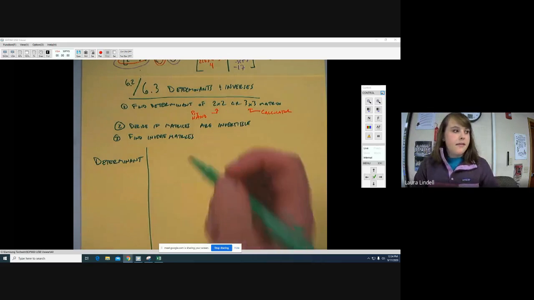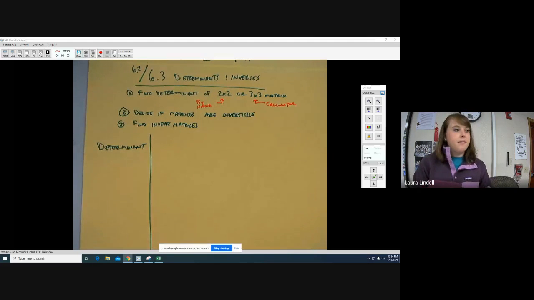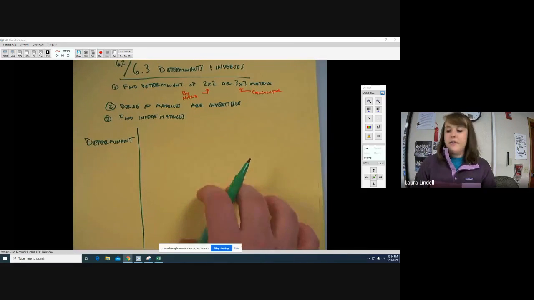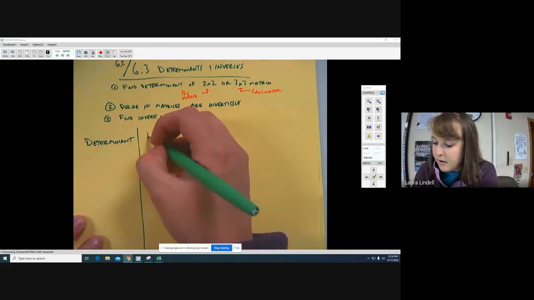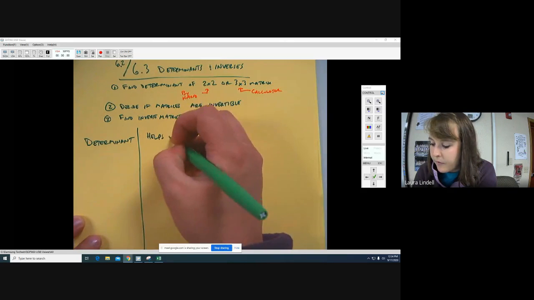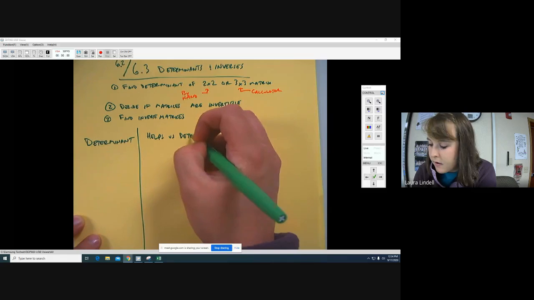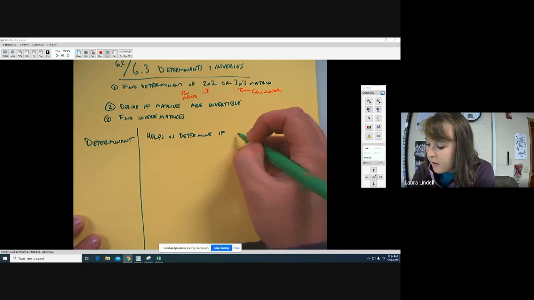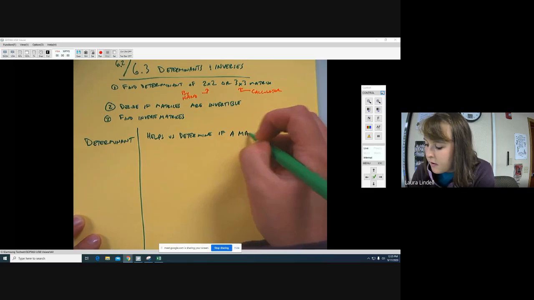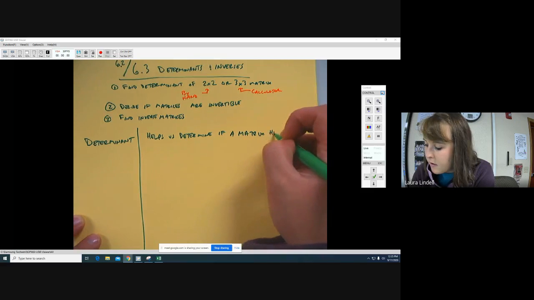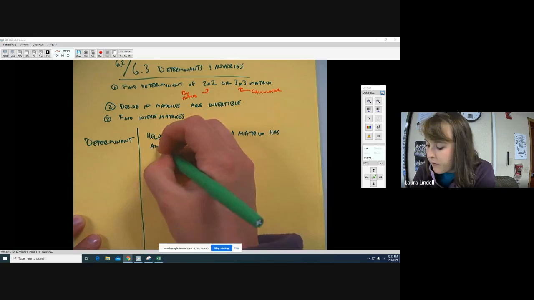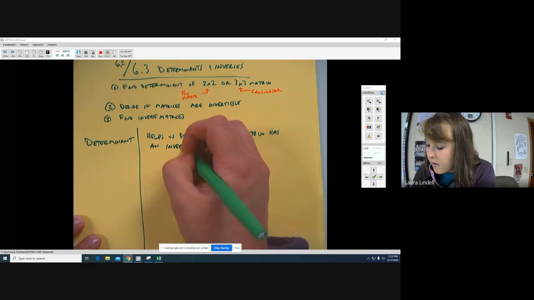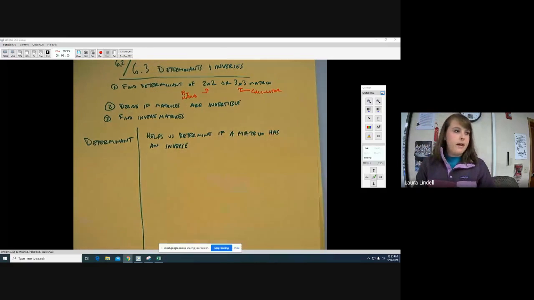The determinant of a matrix helps us to determine if it's going to have an inverse or not.